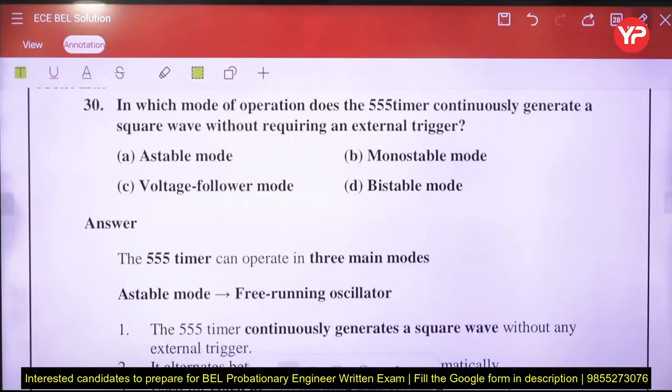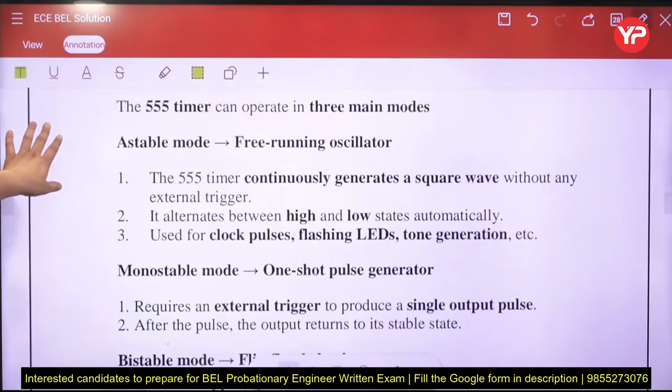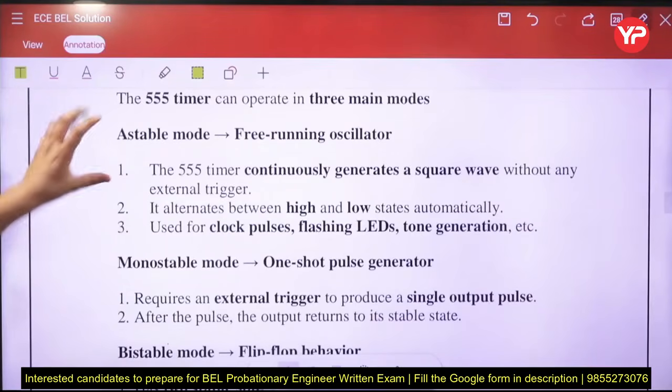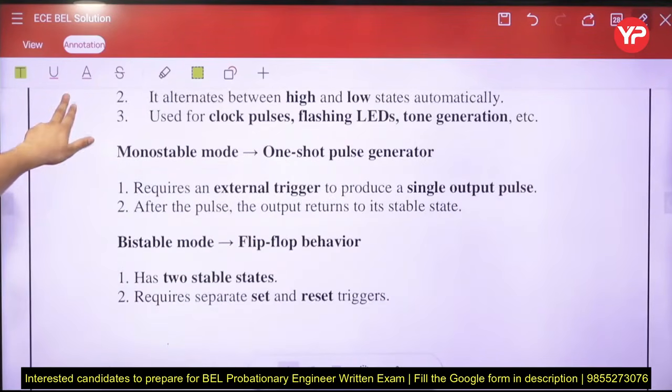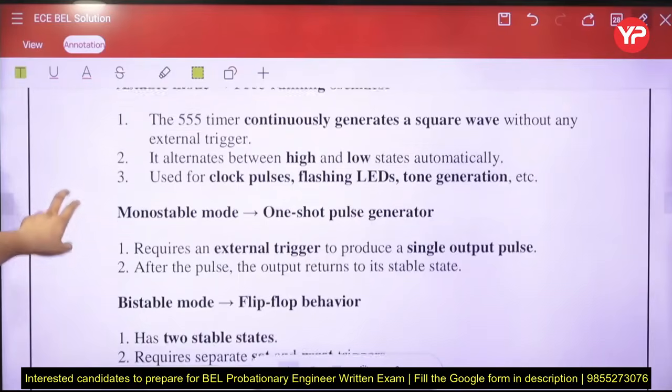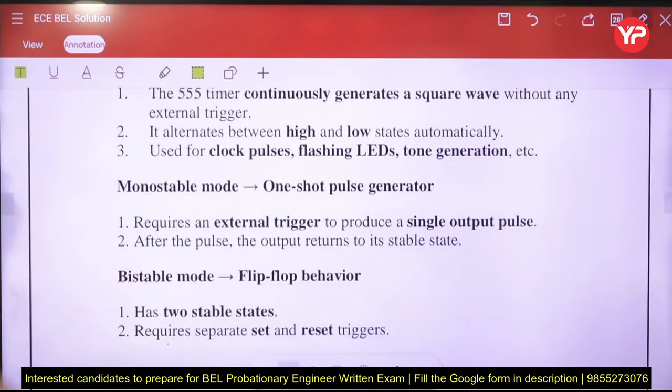In which mode of operation does the 555 timer continuously generate a square wave without requiring an external trigger? The main three modes we have are astable mode, the free running oscillator, one shot pulse, and flip flop behavior, right? The bistable mode generally has flip flop behavior. It means it has two stable states.